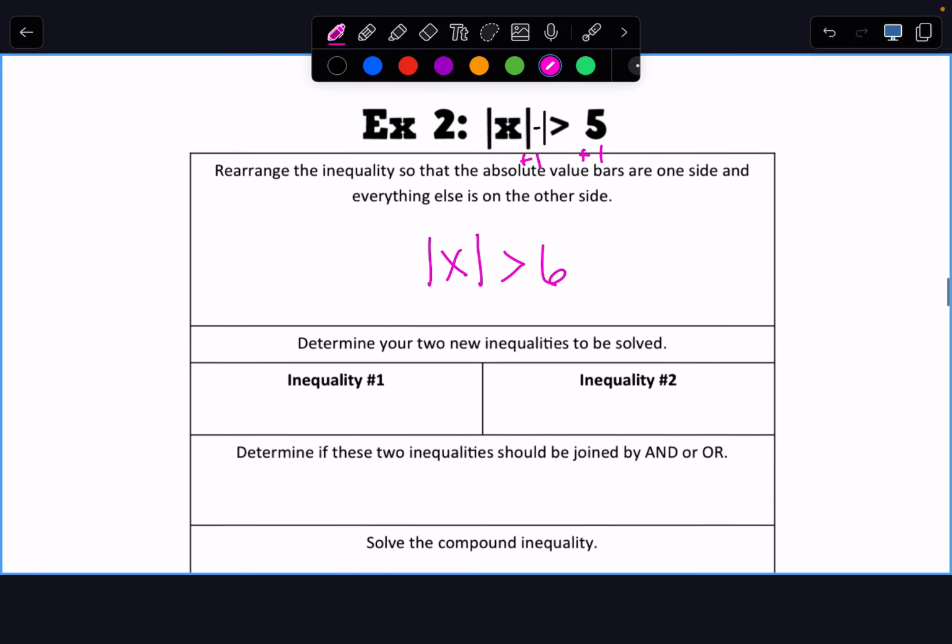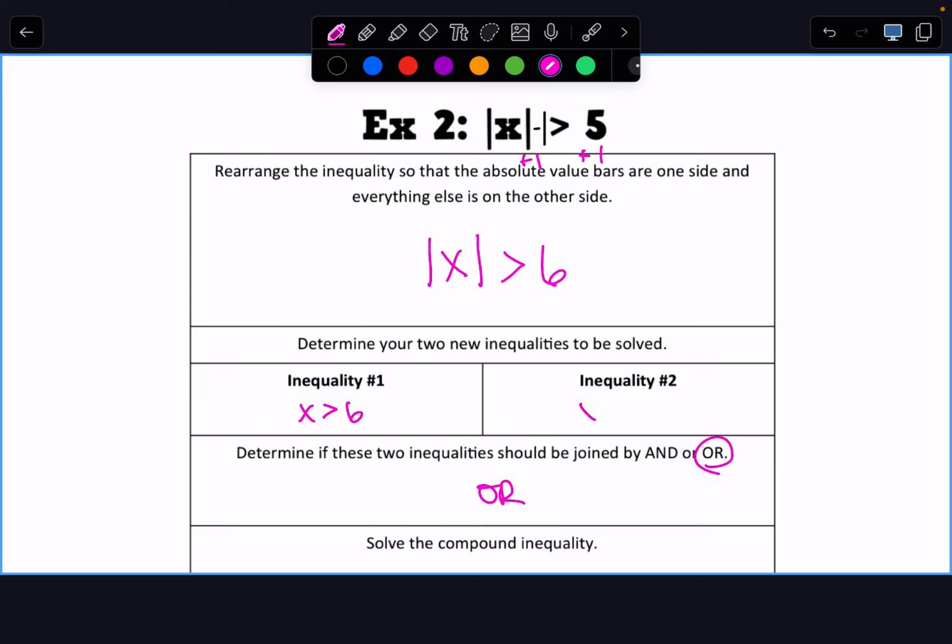Okay. Ooh, I heard somebody getting excited that we have great or. We have an or statement, right? Okay. So when we split this up into two inequalities, we ditch the absolute value sign and we keep it as is.